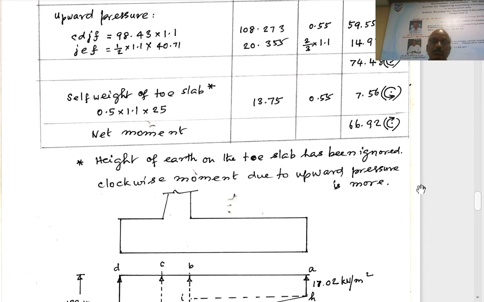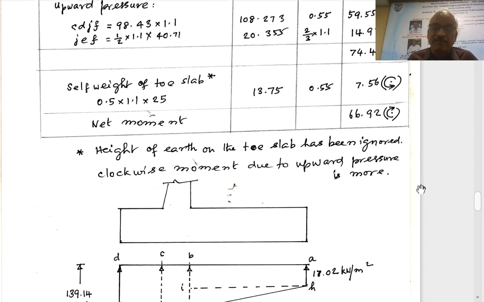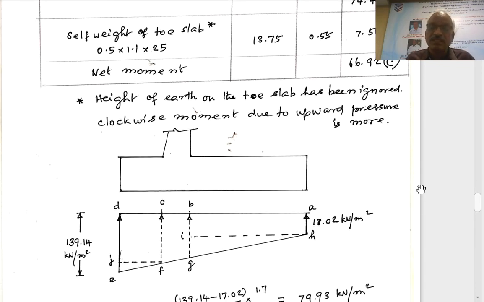Right. Now the net value: 74.48 minus 7.56 equal to 66.92 kilonewton meter. Therefore, the weight of the earth we just ignore. Right. So the toe slab will have to be designed for a net clockwise moment of 66.92 kilonewton meter.